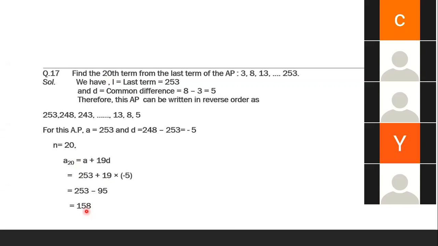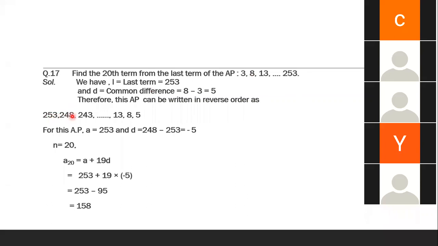So I'll repeat once again. Find the 20th term. So A20 we need to find out. A20 means A plus 19D from the last term. From the given series we got the D value as 5. If I am writing this from the last term, 253 will become the first term.